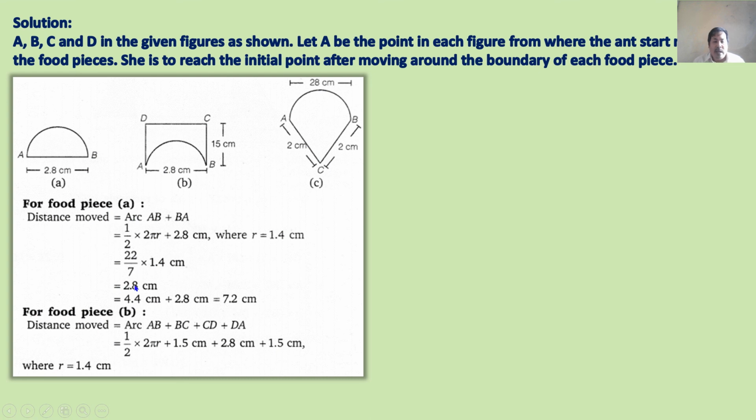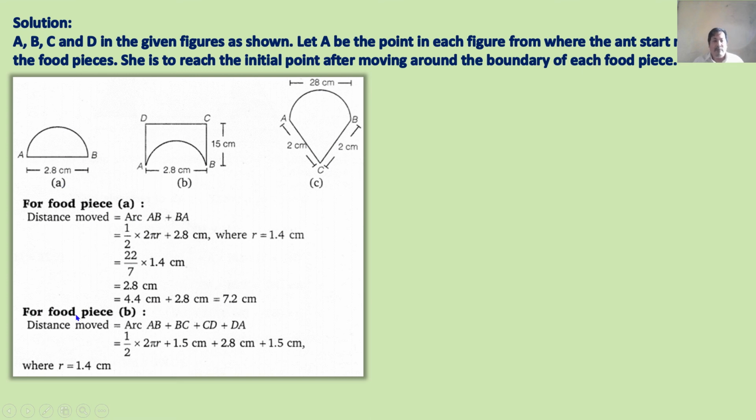Then we are getting here 4.4 centimeter plus 2.8, that is 7.2 centimeter. So 7.2 centimeter is the perimeter of the track, that much distance moved by the end in foot A.